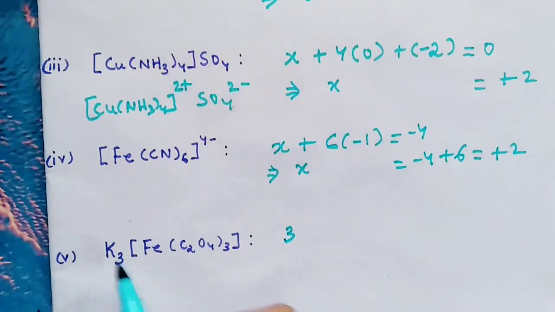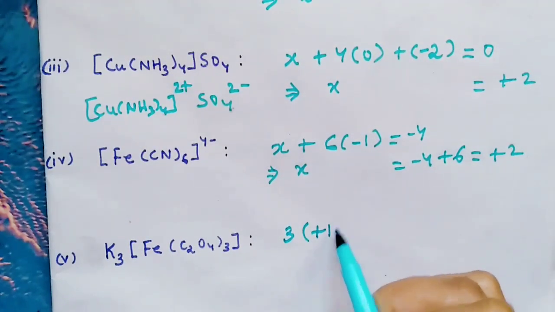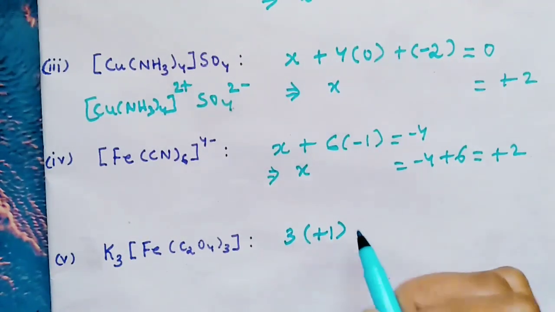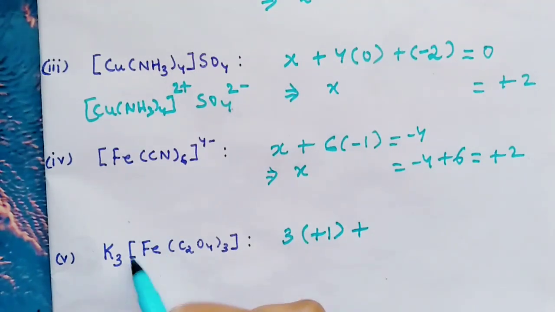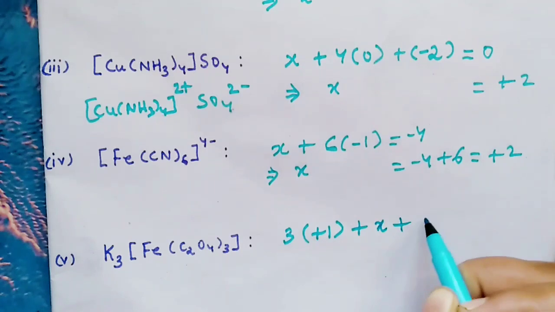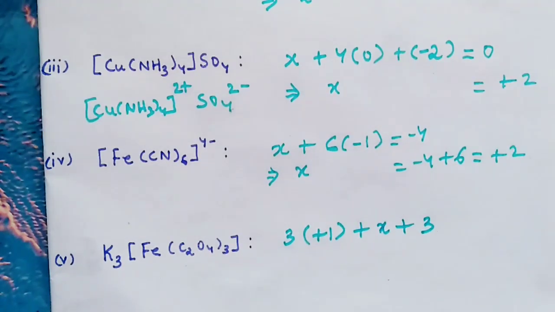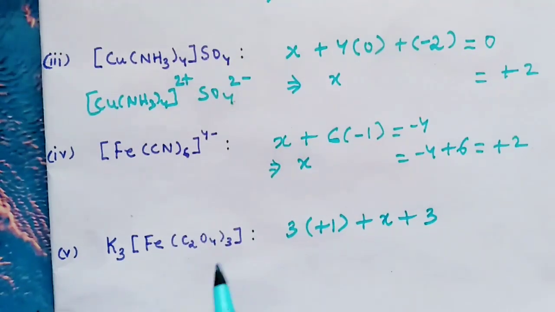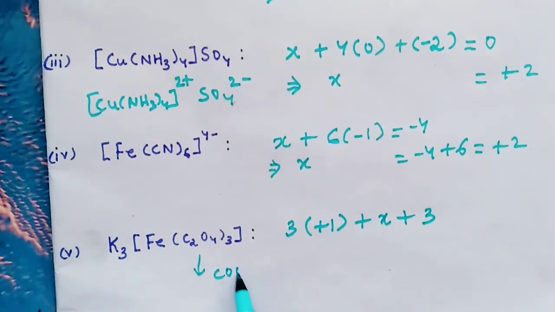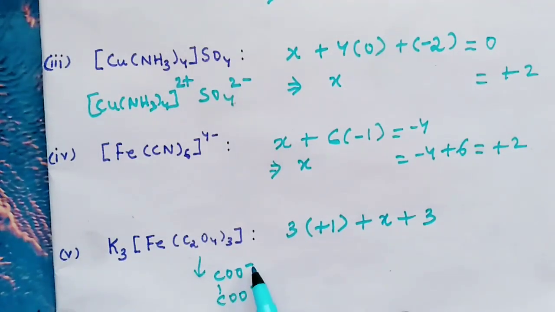And then here, 3 into plus 1, because the charge carried by this potassium is plus 1. And then plus, we want to find for this one, it is X plus 3 into how much? Look at this one. This one is a didentate ligand. It is of this form, minus 2, like this.